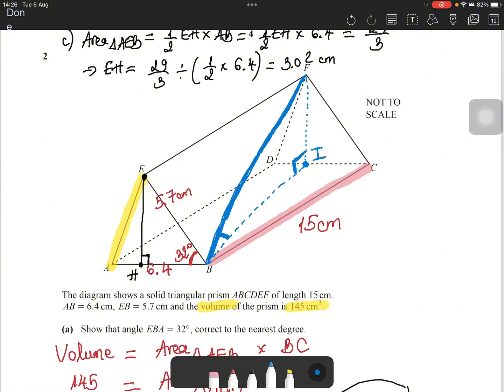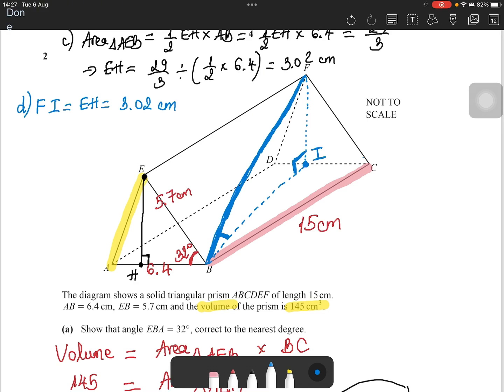To find this angle, we see that FI is perpendicular to BI. This is a right angle triangle. So we can use it to find the angle FBI. First, we see that the length FI is actually the same as the length EH, which is 3.02 centimeters. And then we can find the length of BF. BF is the hypotenuse in the triangle BFC.